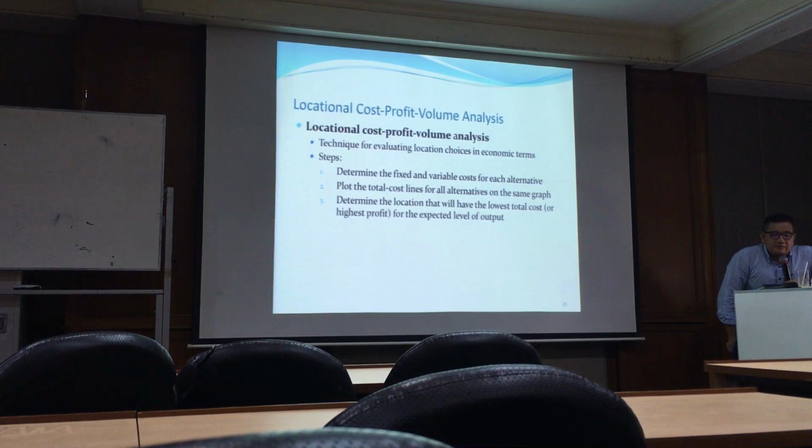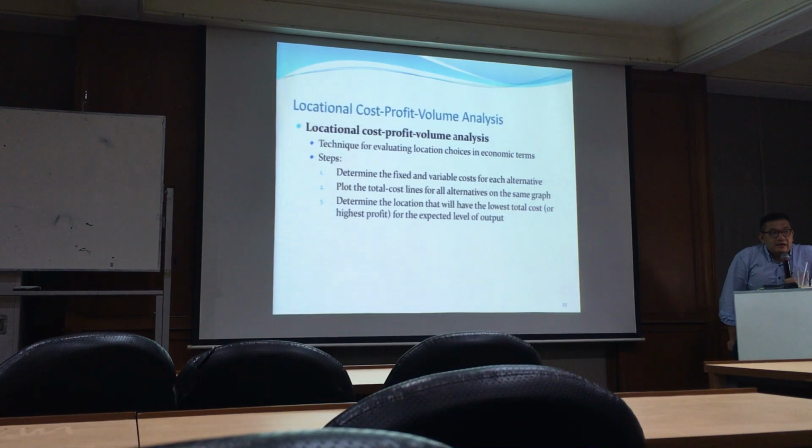So the total cost is equal to the fixed cost plus variable cost. The variable cost is directly related to the number of units that you're going to produce, and the fixed cost is constant, right? So the equation of the total cost is a linear line that has a different slope because you have different variable costs. So then you plot the total cost lines from all the alternatives on the same graph.